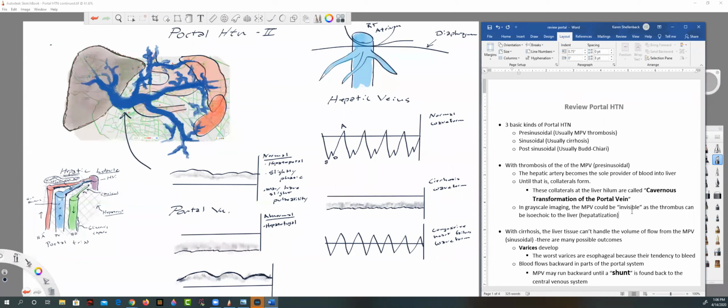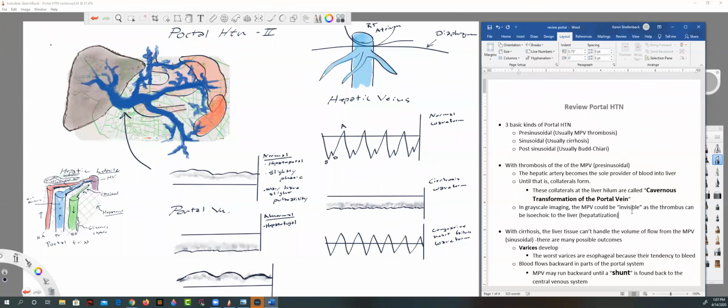But in either case, if we're talking about thrombosis, there will not be flow in the main portal vein. With cavernous transformation, you have collaterals forming to feed the liver through kind of the pseudo portal system at that point. Okay, so that's one kind of portal hypertension.